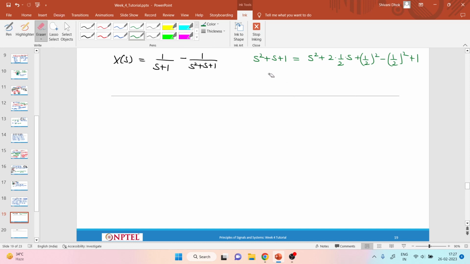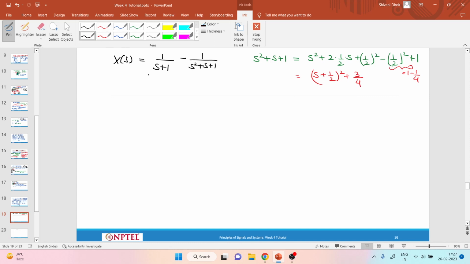If I do that, this part leads to (s + 1/2)², and this part is 1 - 1/4, which is equal to 3/4. So I am having 3/4 here.